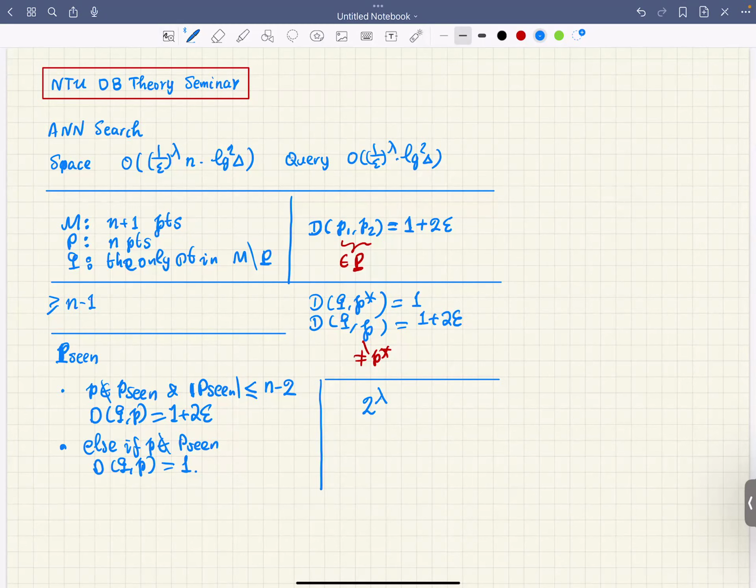You have to maximize this, and you will see that this is at least n minus 1. So in other words, the doubling dimension here is at least basically log n. Almost log n, so this is something very large.